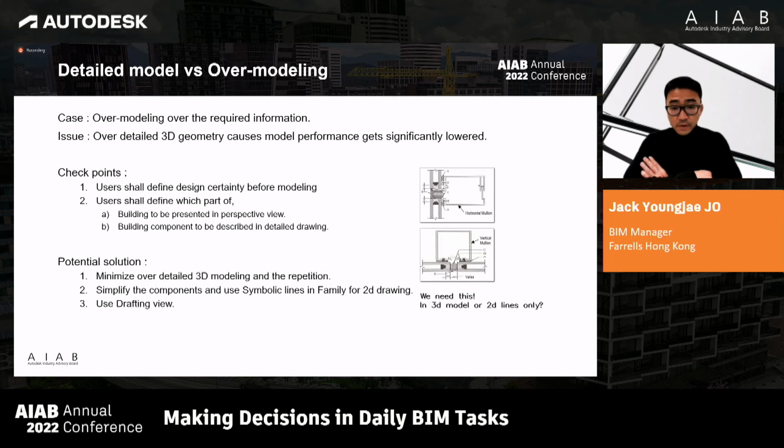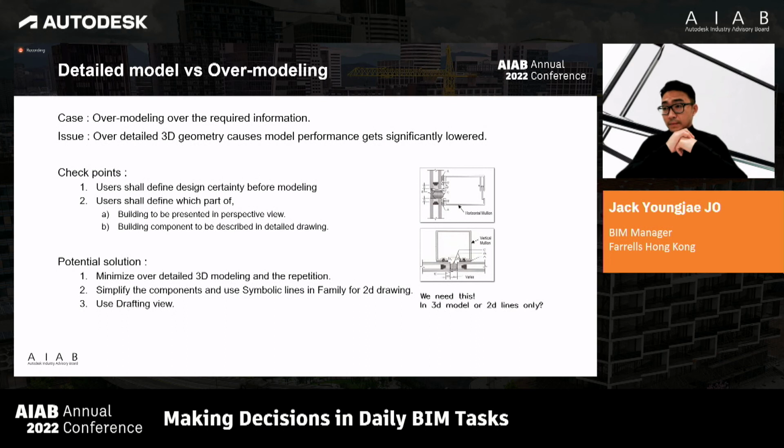So in this case, I would say we can simplify, because now I move on to the potential solution. We can simplify the components, and we can use symbolic lines in the family for 2D drawings. And also we can use drafting view to produce the shop drawings or detailed drawings.